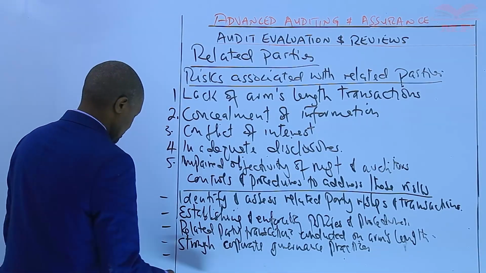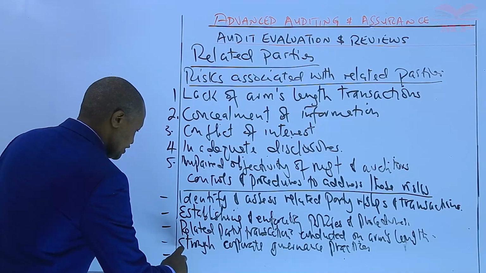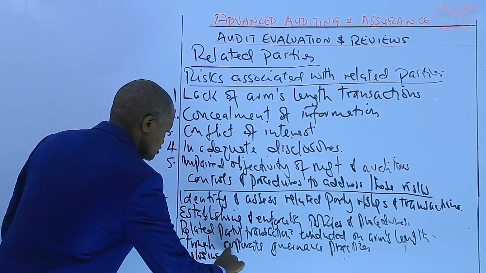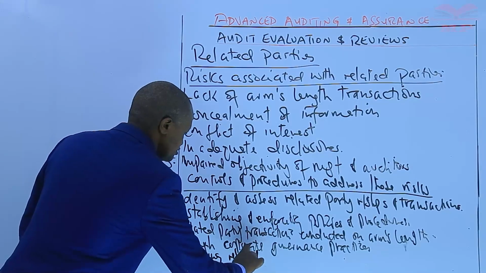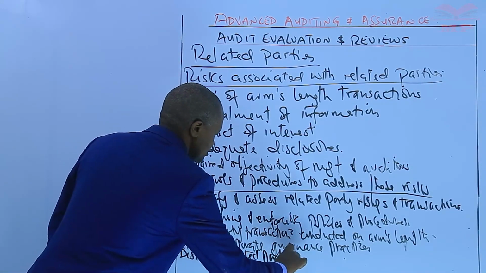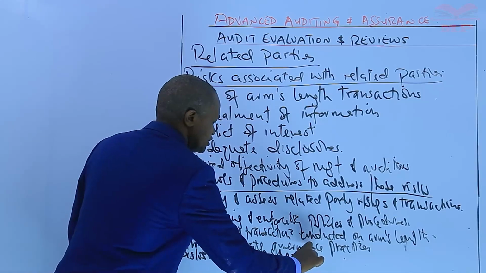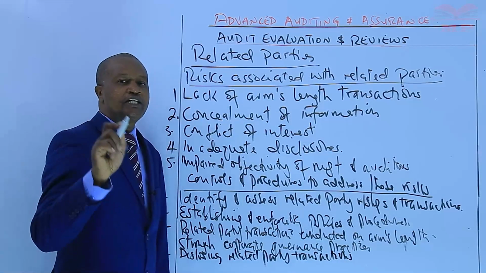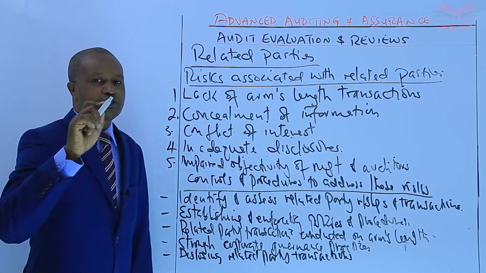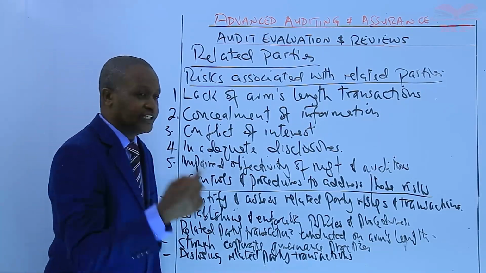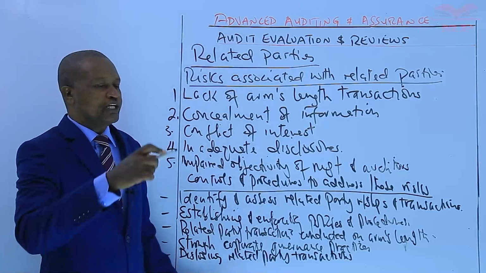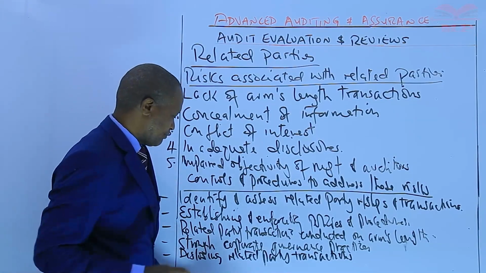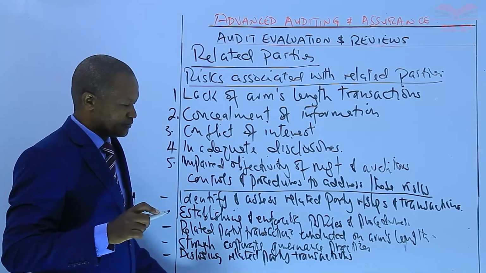Another point is disclosing related party transactions and relationships in the financial statements in accordance with the applicable accounting and regulatory requirements.